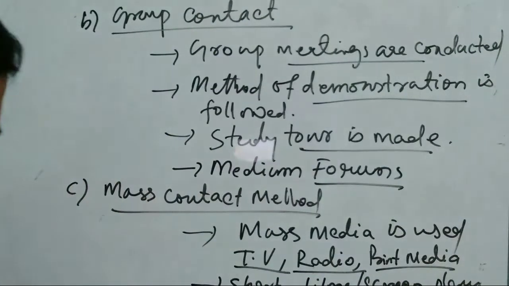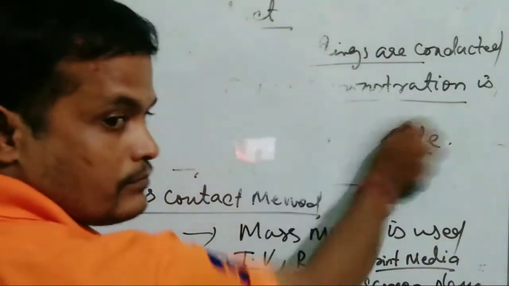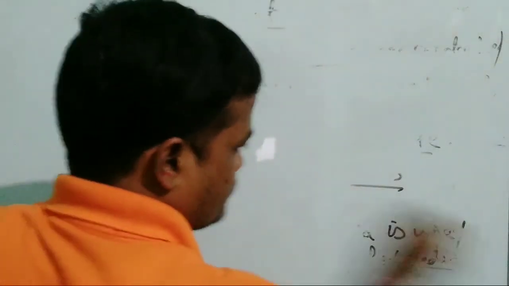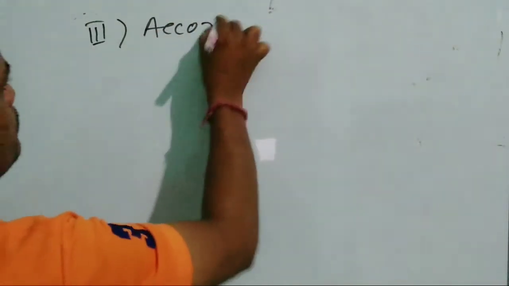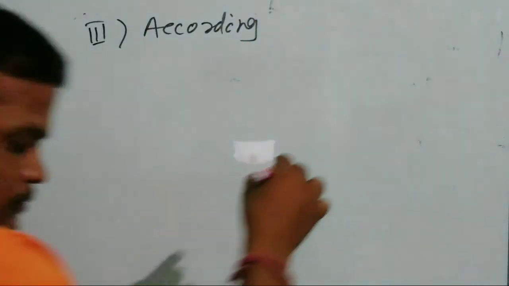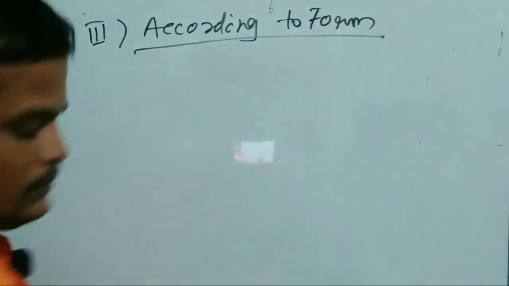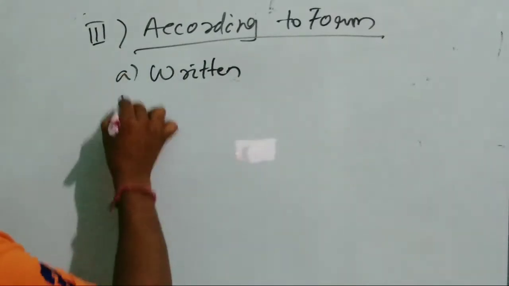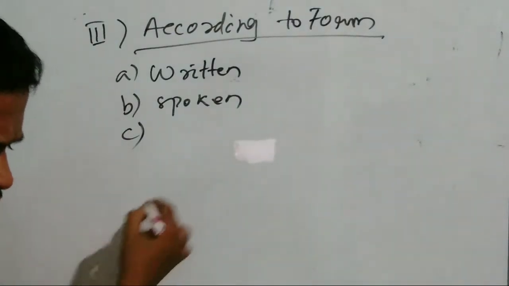Next we come to the classification according to form. According to form, the method may be either a written method, a spoken method, or a visual method.